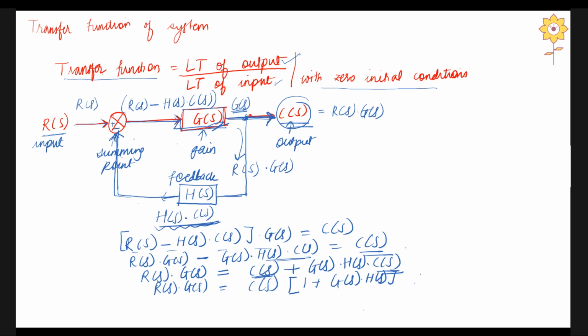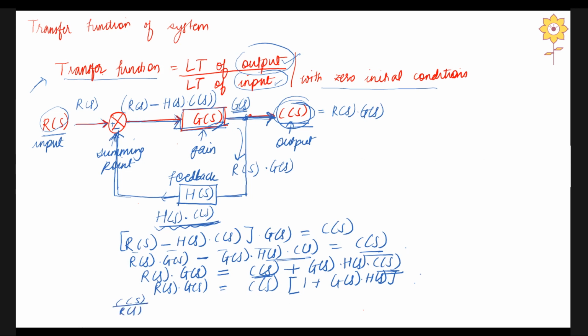So, here we can further simplify it. Now, as I told you, what is transfer function? Transfer function is the Laplace transform of output upon input. So, what is the output here? We can see that C(S) is the output and R(S) is the input, which we can write like this. So, we have output upon input. Output is C(S) upon input, which is R(S).